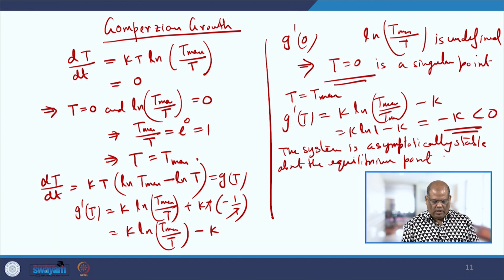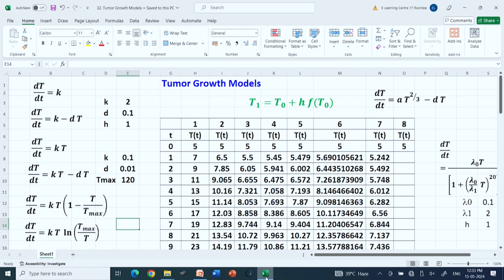Now let us see how you will generate the numerical solutions with Microsoft Excel. So I already have filled it up because there are so many equations and it will be so time consuming. So the first is the linear one, these two. Then we have the exponential one, this and this.